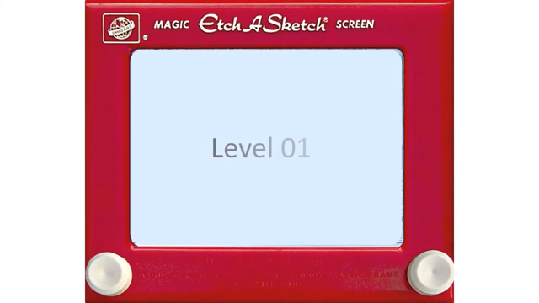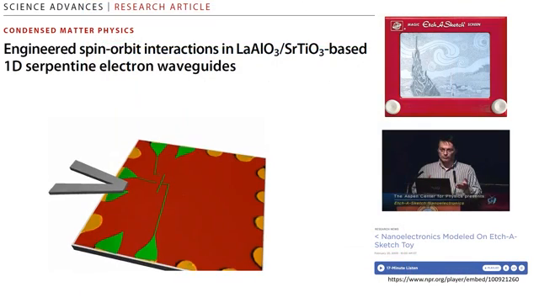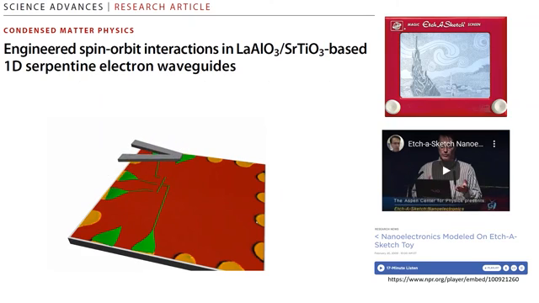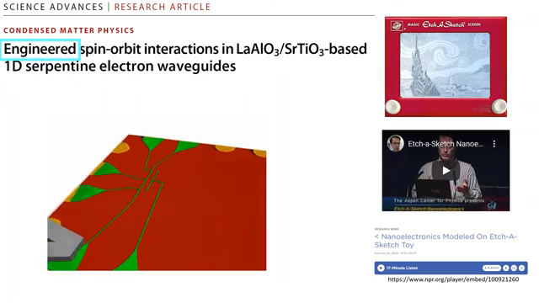Level 1. So I'm going to talk about the title of this paper and each of the phrases and words that you see here. Let me begin with the word engineered. What do we mean by this?